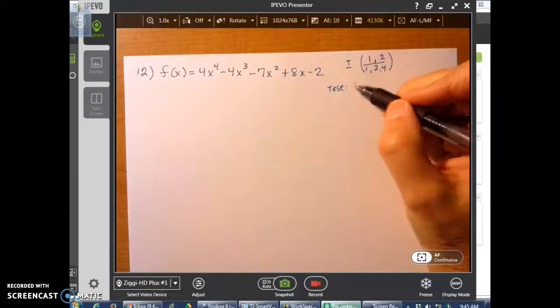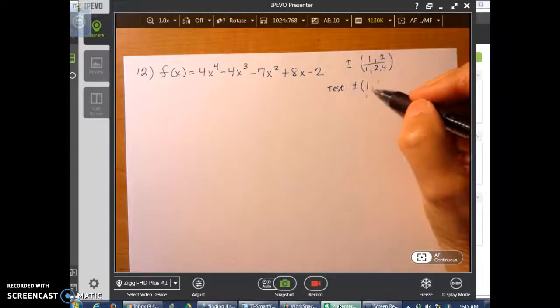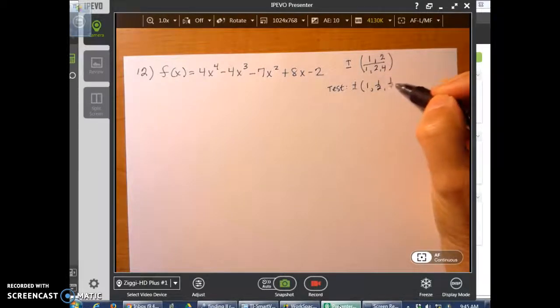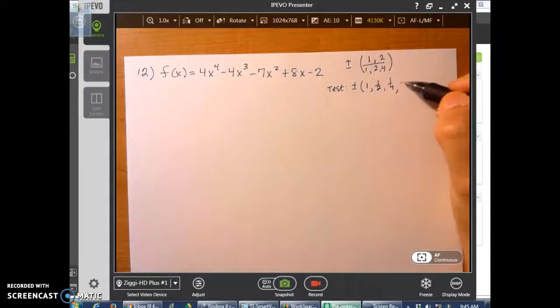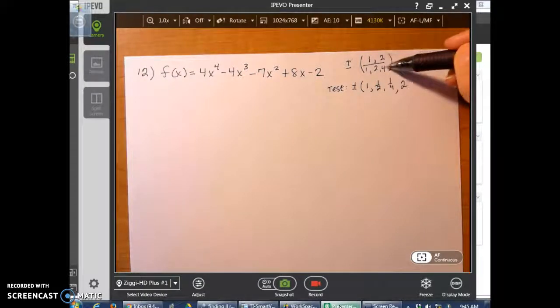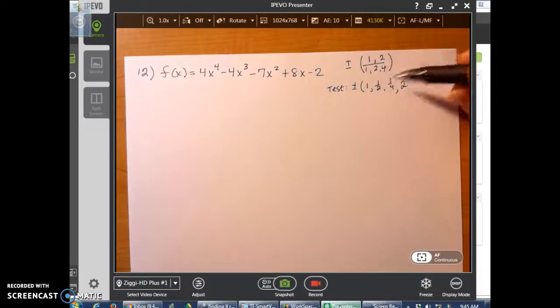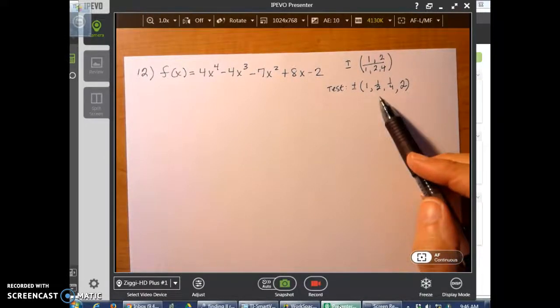So it's plus minus 1 over 1, then matching 1 with 2 and 1 with 4. And then I move to the 2, and I have 2 over 1, 2 over 2, which is just the number 1 that I already have, so I'm not going to write that, and then 2 over 4, which simplifies down to 1/2. So I have those possible rational roots. There's 8 of them.